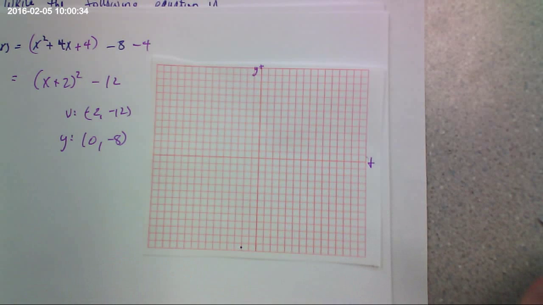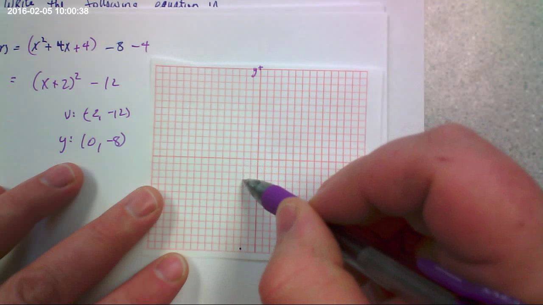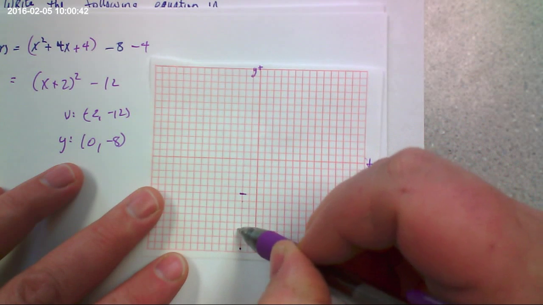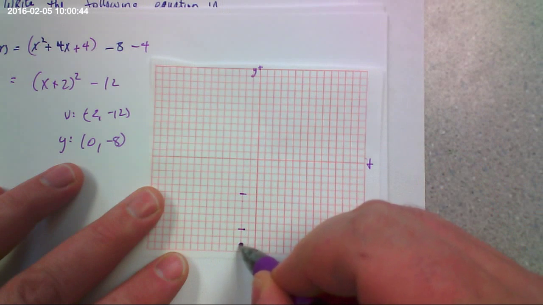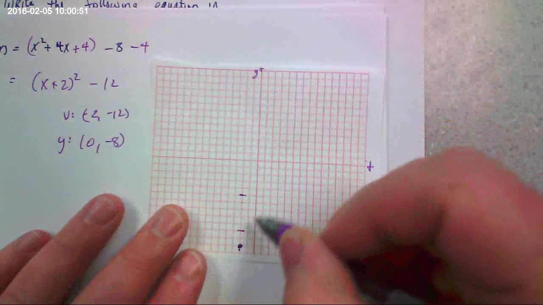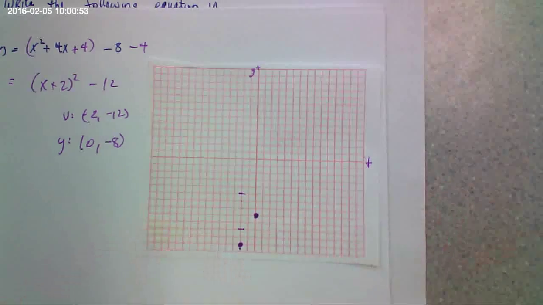Oh dang, I lost track. 1, 2, 3, 4, 5, 6, 7, 8, 9, 10. Oh, I was right. -12. 2, -2, -12. There we go. And my y-intercept is -8, so that would be right here. Right?